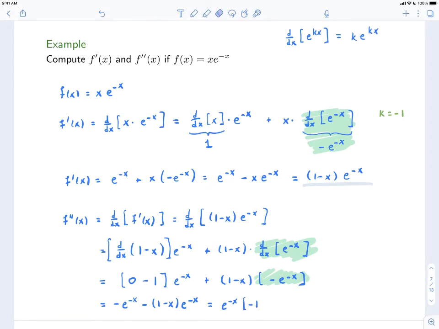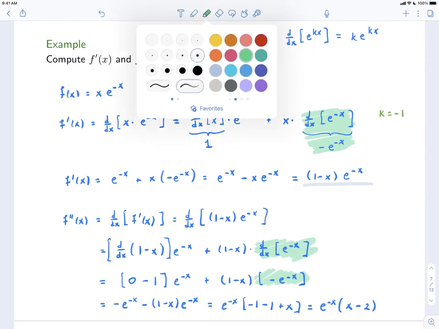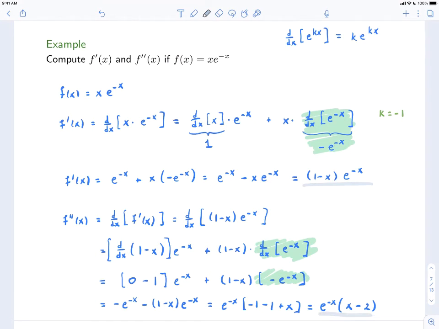And then this term here, we run the minus sign through. So there will be a minus 1, and then minus a negative x is plus x. So that gives us e to the negative x times x minus 2. And this is our answer for the second derivative.